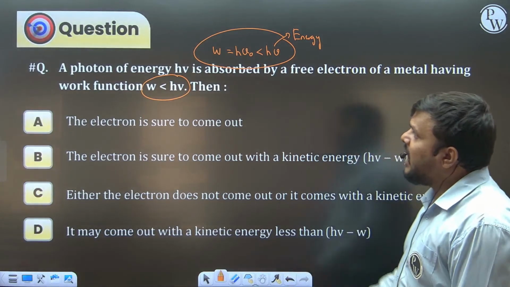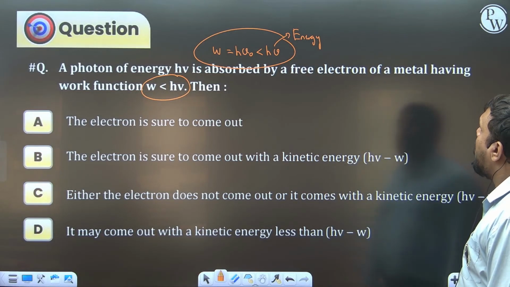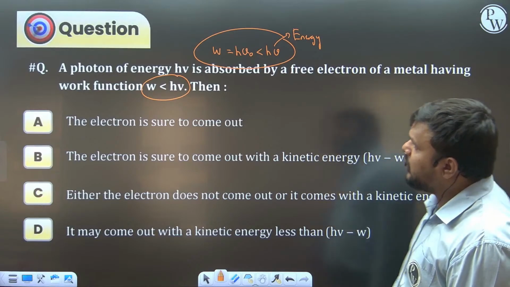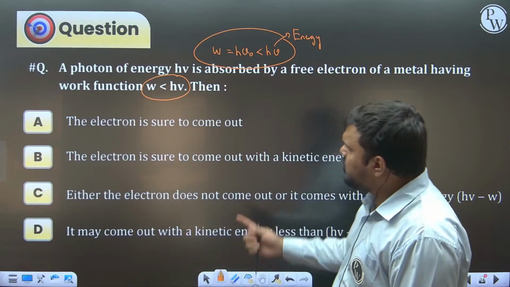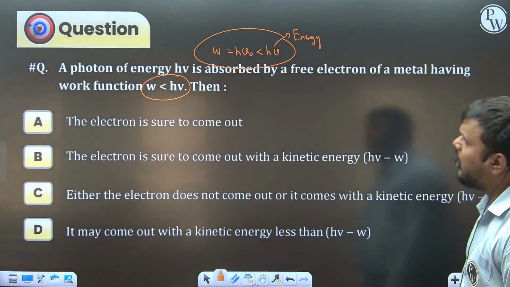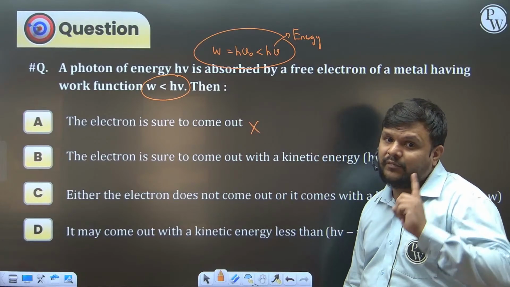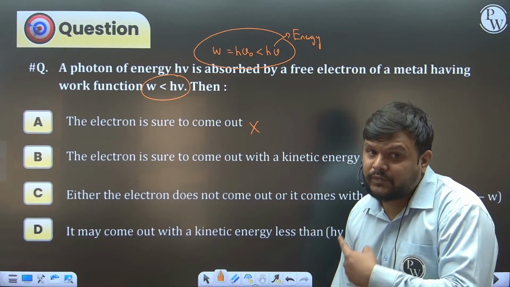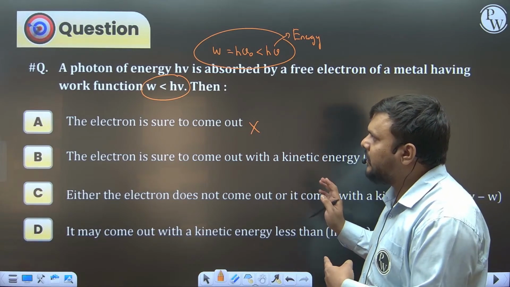So this question they ask: a photon of energy h nu is absorbed by a free electron of a metal having work function W less than h nu, then what will happen? First option: the electron is sure to come out. So this is the point I am telling you. You cannot say it will surely come out because of the collisions. So this is an incorrect statement.